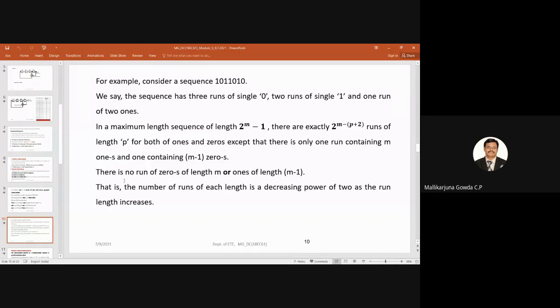So there is no run of zeros of length m or ones of length m minus 1. That is, the number of runs of each length is a decreasing power of 2 as the run length increases. Just take this example and try to understand what it is.